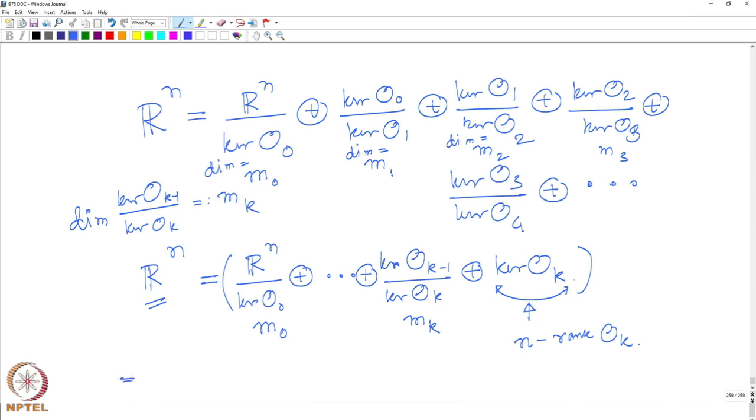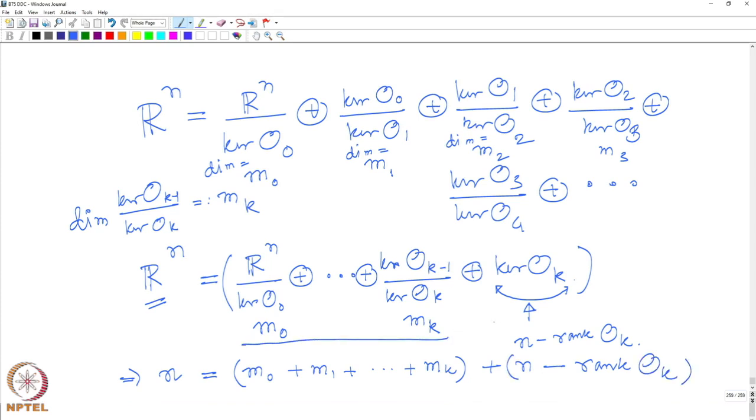So from here I have n equal to M0 plus M1 plus dot dot dot up to M k, plus n minus rank of O k.